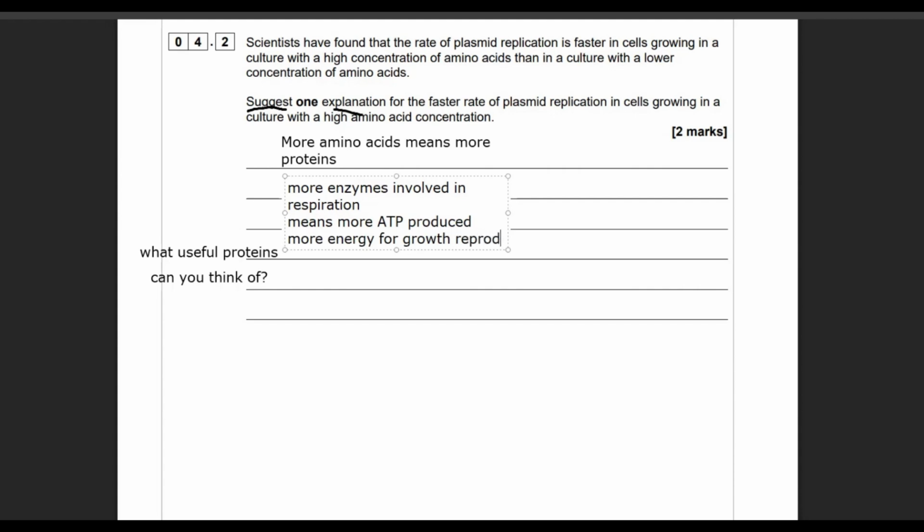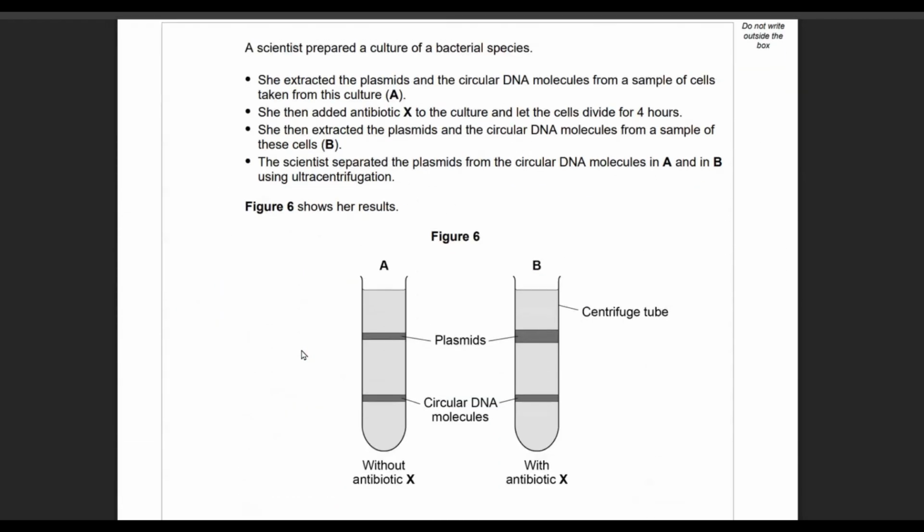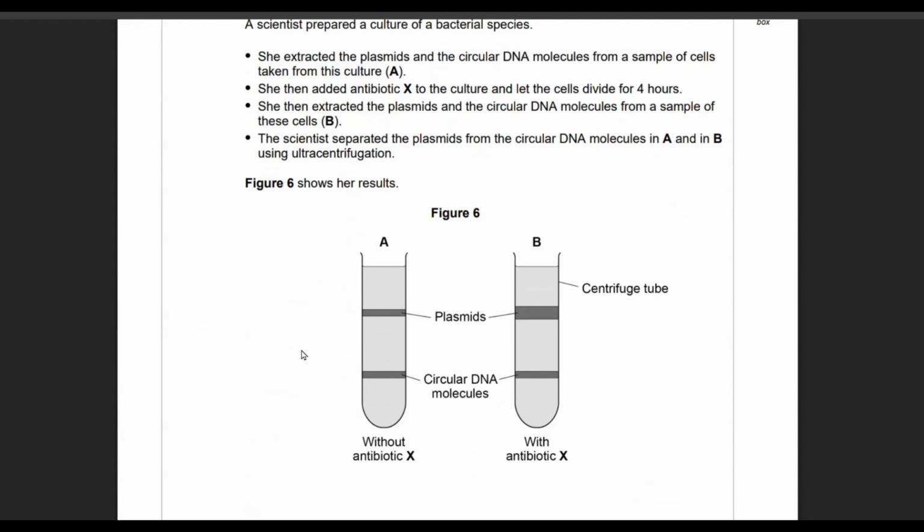If they're making plasmids, and maybe they use DNA helicase, although the plasmids aren't in a helix, so that may be something you've got to check on the mark scheme. But I would essentially say more amino acids means more proteins, 1 mark, and then it can construct more enzymes needed for replication.